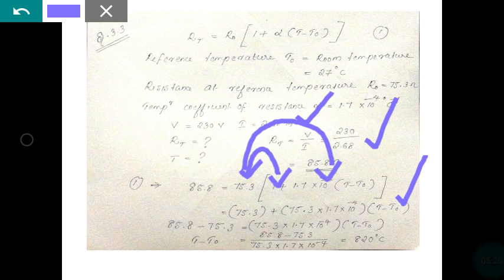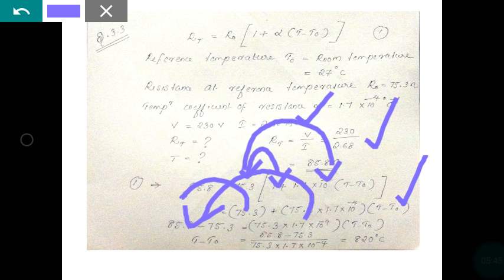Next, let us bring 75.3 to the LHS. It will become a negative sign. Therefore, 85.8 minus 75.3 is equal to 75.3 into 1.7 into 10 raised to minus 4 into T minus T0. Then bring this bracket term to the LHS.